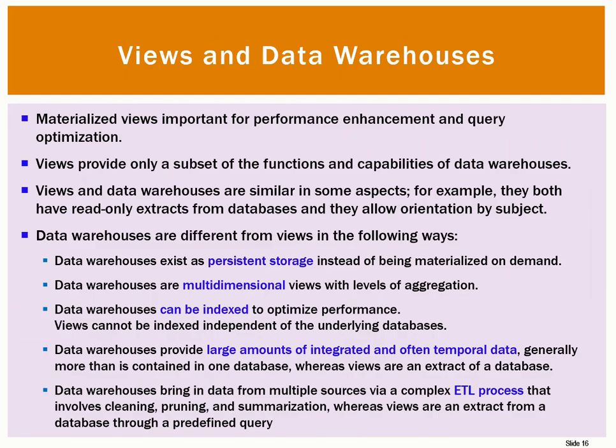So the materialized views are important for performance enhancement and query optimization, because you'll be querying data in a very denormalized fashion. But these materialized views are only part of the story, and you can actually go into much bigger systems of denormalization, something called data warehousing.